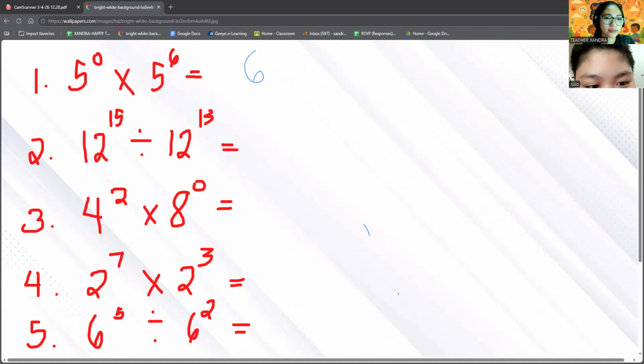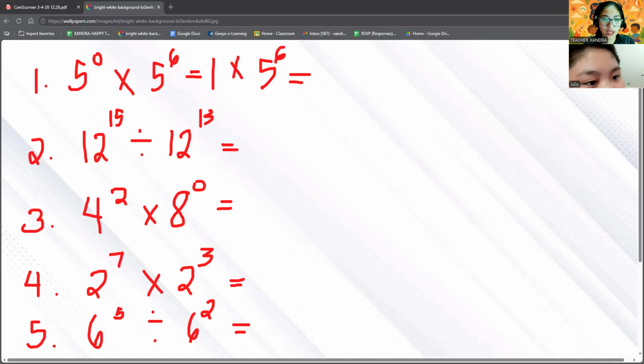Am I correct? No. So this is 5 raised to 0. That will be 1. So this is 1 times 5 raised to 6. So what is 5 raised to 6 then? So it's like 1 times 5 raised to 6.